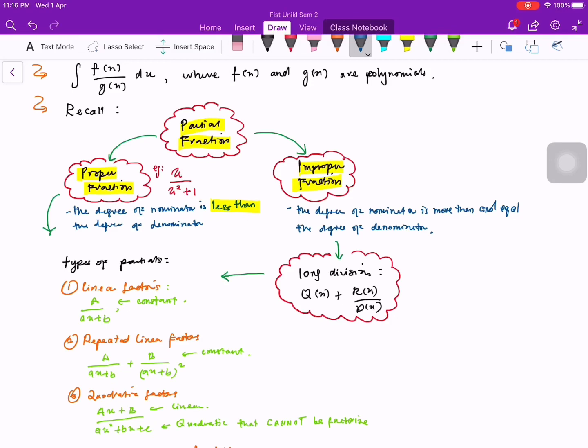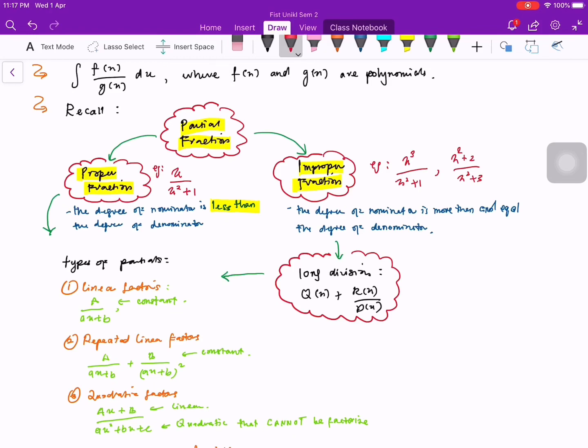So means that contohnya dekat sini saya ada x cubed over x squared plus 1. So means the degree of numerator is greater than the denominator. Or else we have the same degree, like x squared plus 2 divided by x squared plus 3. So both degrees are the same on numerator and denominator. So these both examples we consider as improper fractions.